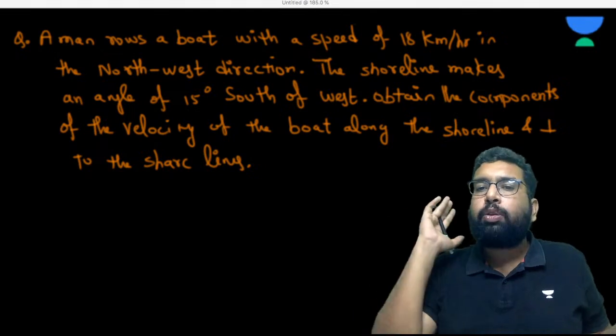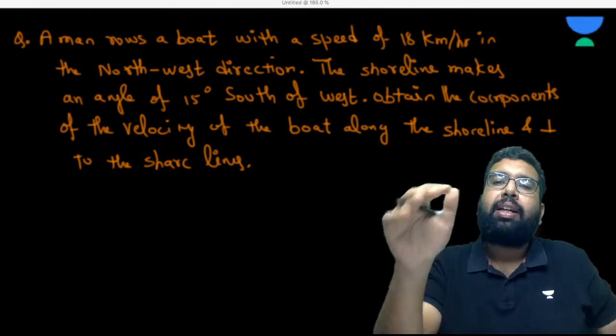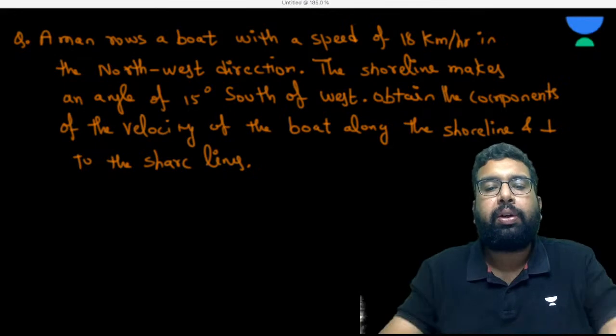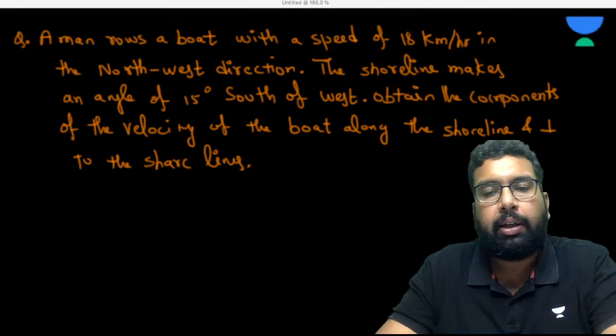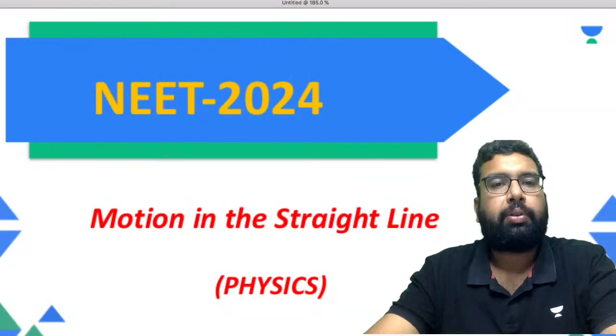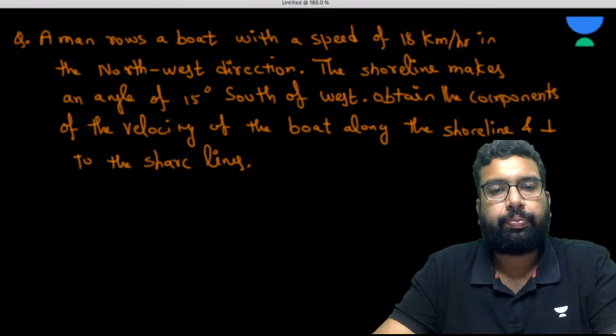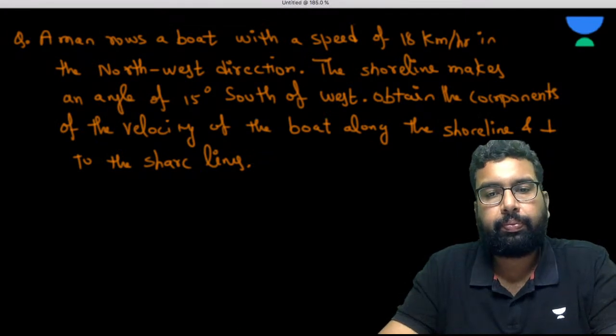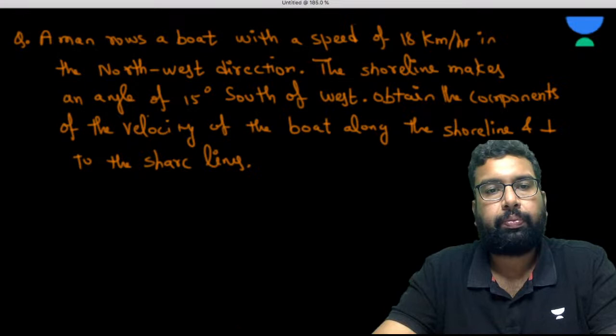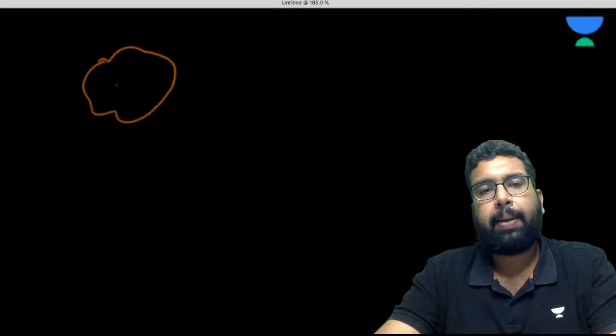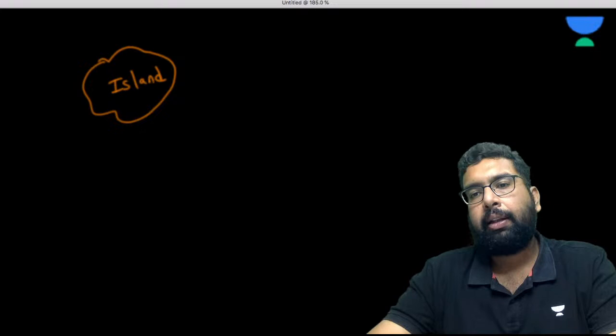He has to row in that direction to reach the land. Let's suppose there is an island here. This is the island, and some boat is here.